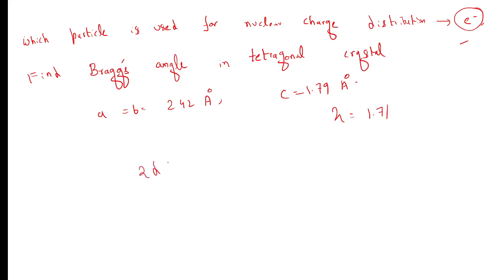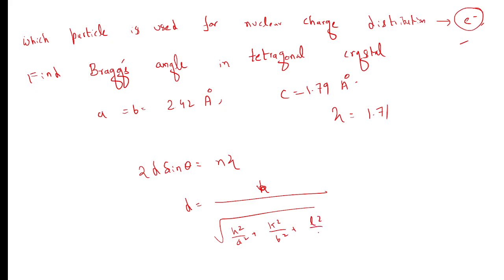For this you should do 2d sine theta equals lambda. D is equal to, sorry, 1 over the square root of h square by a square plus k square by b square plus l square by c square. Okay.